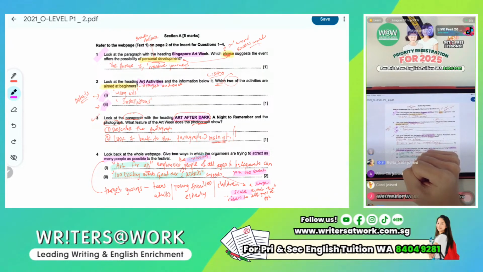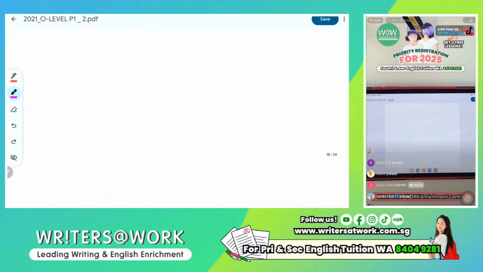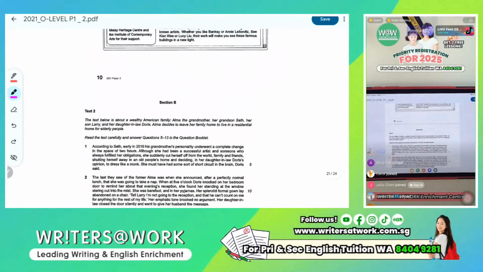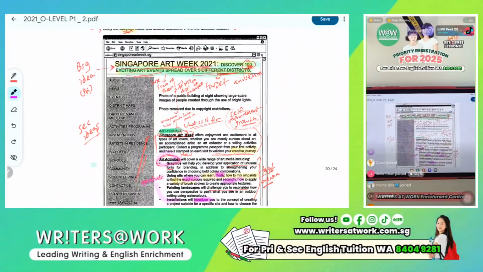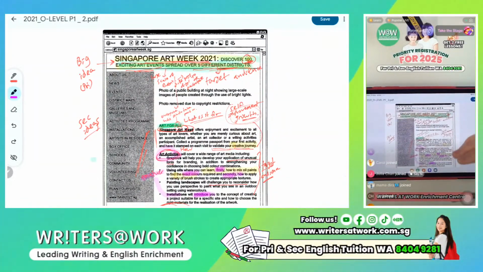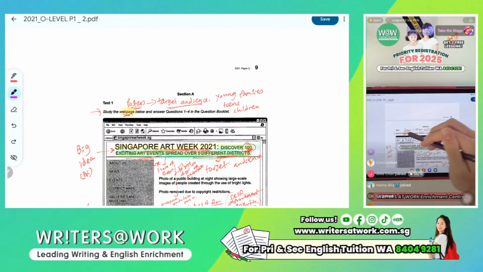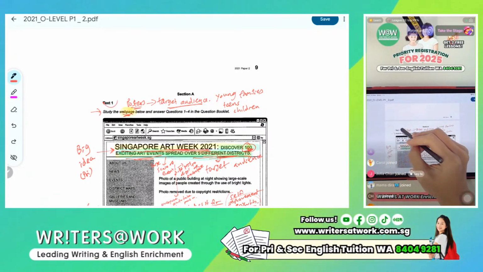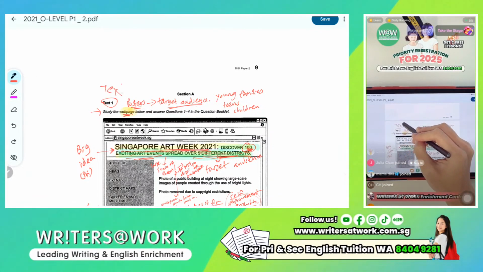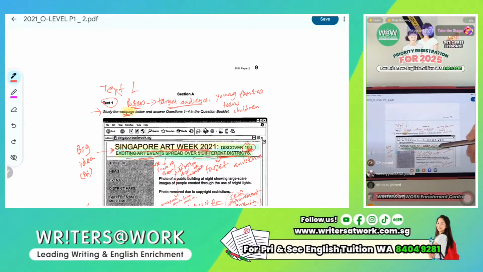Okay, if there are no further questions, then let's take a quick look at our text, the narrative text. Okay, for those of you who are unfamiliar with this O level change, currently the O level syllabus would dictate that there will be two visual stimulus texts. So text 1 and text 2 would be asked together from question 1 to question 5 or question 4, depending on the mark allocation.